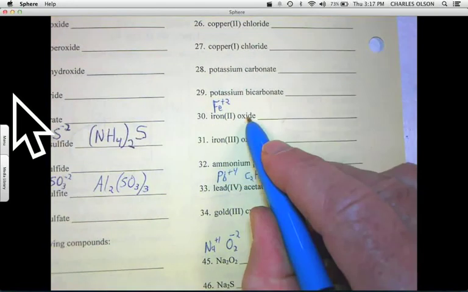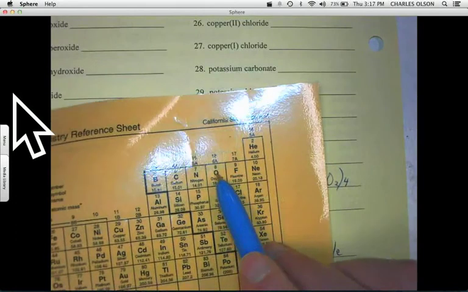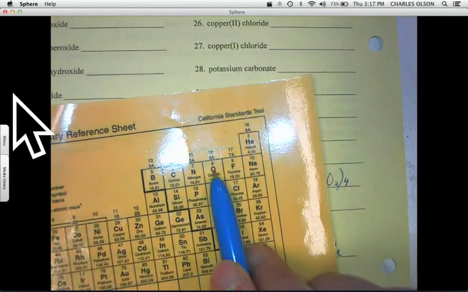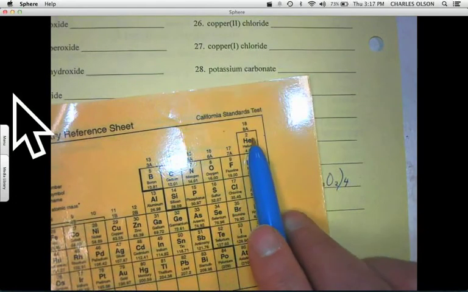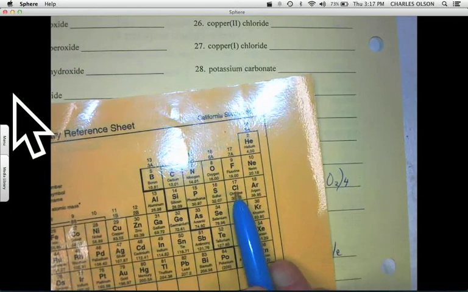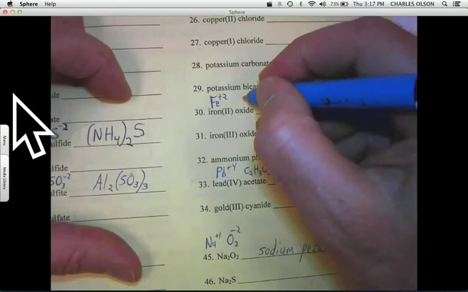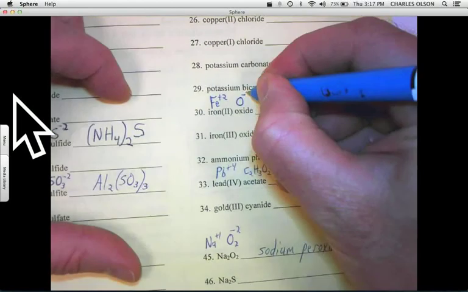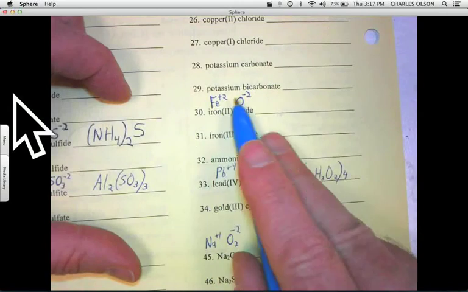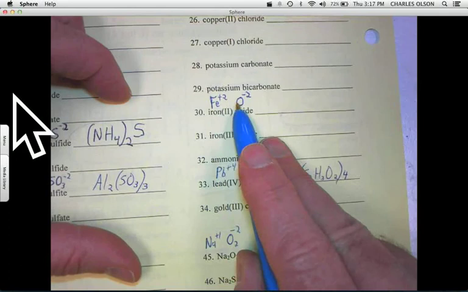Oxide is the oxygen ion. And we see here in our periodic table, noble gases have 0 charge as an ion, the halogens -1, oxide -2. So O -2. What's our simplest ratio that balances the charges? Well, here it's 1 to 1. FeO is our formula.